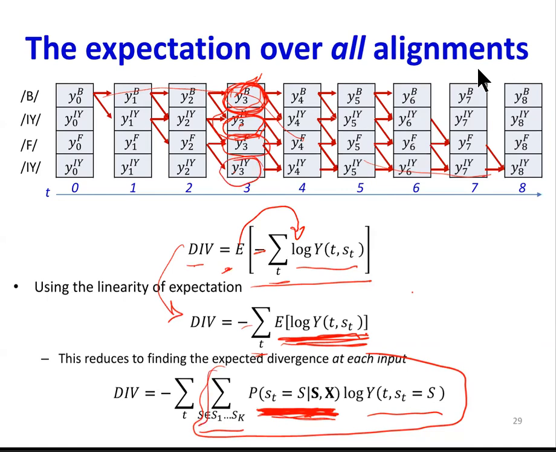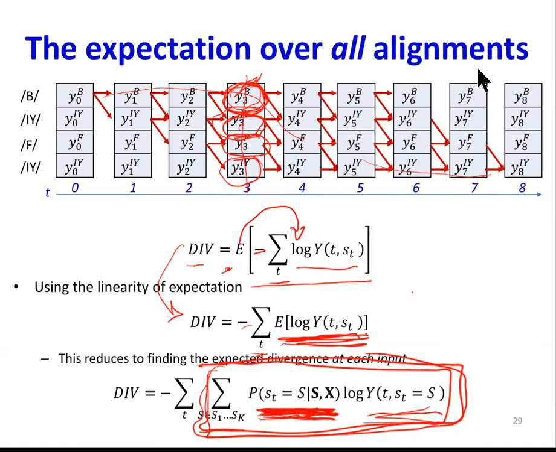So this summation is summing through the column, and for each node it multiplies the probability that a randomly drawn alignment will go through that node by the log probability of the node itself. So is everybody getting this formula over here?